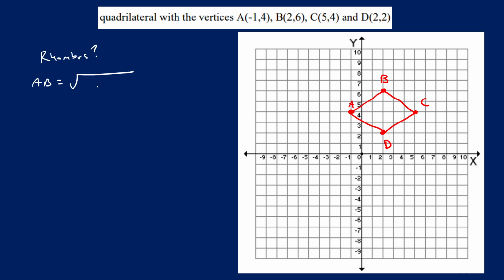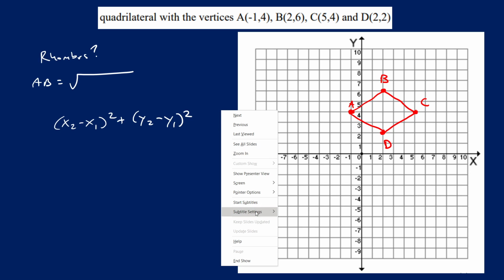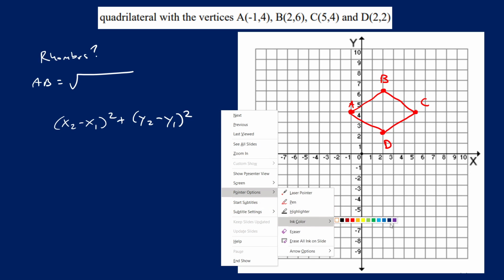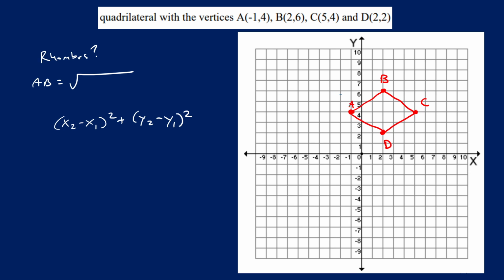You don't actually have to do x2 minus x1. You don't have to do that every time. Because think about what that really means. When you write that out, what you're doing is you're simply finding the difference between the coordinates, which is a lot like when you do slope. So in other words, going over to this graph here, let's just say you're trying to find the distance of this line.